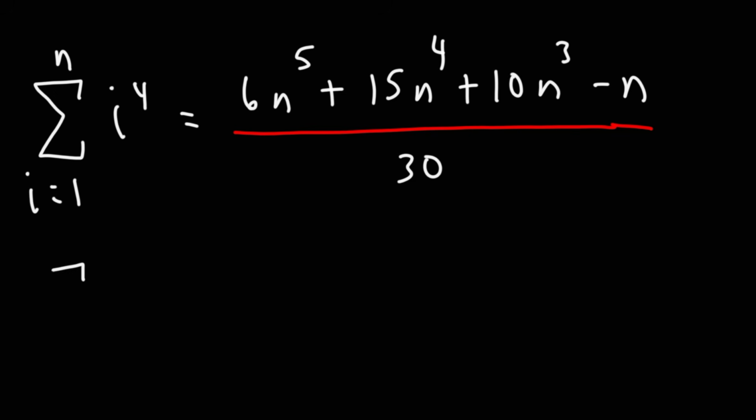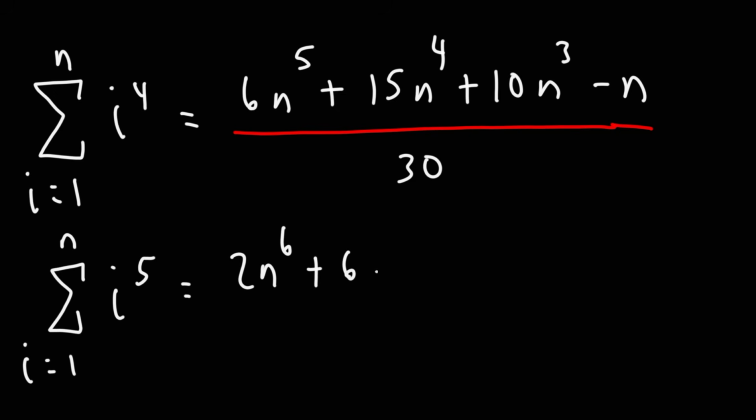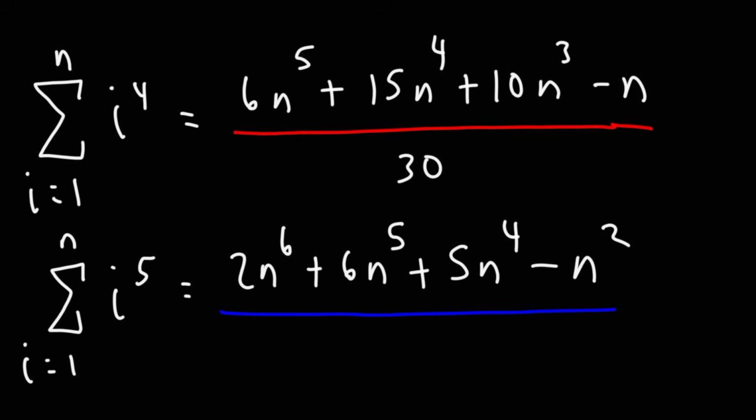And there's another one. i to the fourth and i to the fifth are not very common, but it could happen where you may need to use them. For i to the fifth, it's 2n to the sixth plus 6n to the fifth power plus 5n to the fourth power minus n squared, over 12.